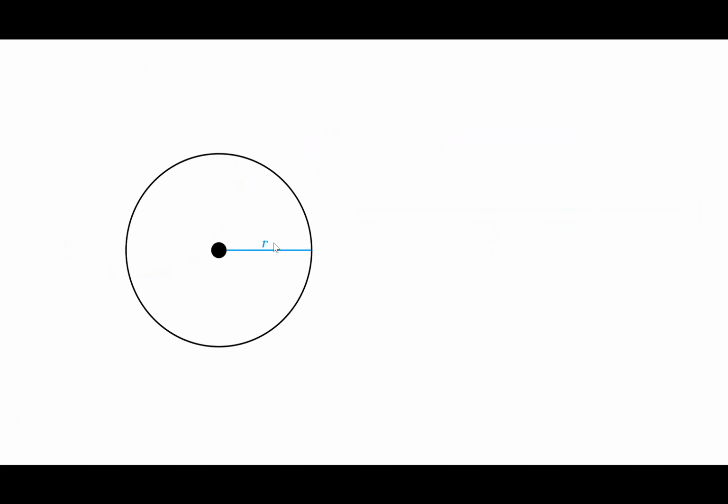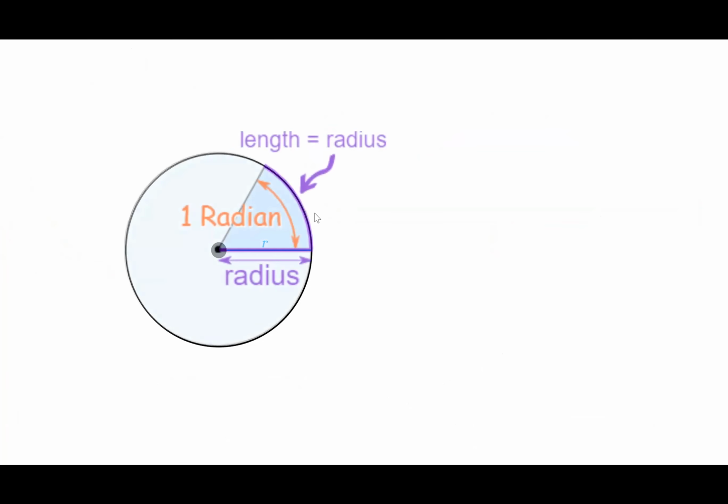The radius will not go around the entire circle, it would just cover this much. That's the length of the radius. So that's a new measurement we're going to call a radian. It comes from radius. If I wrap the radius around the circle, it doesn't cover the whole circle, just part of it.